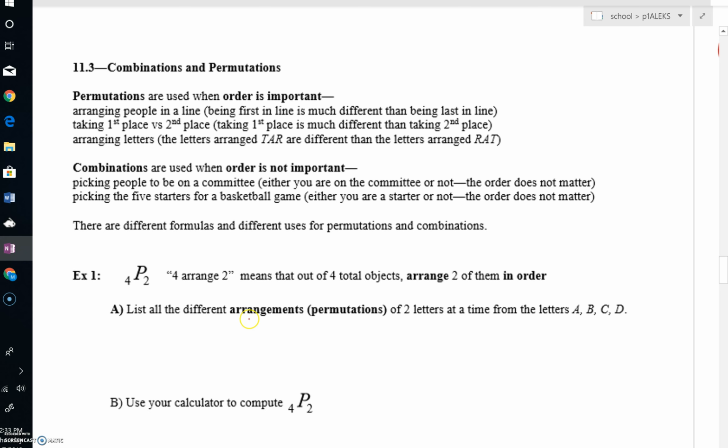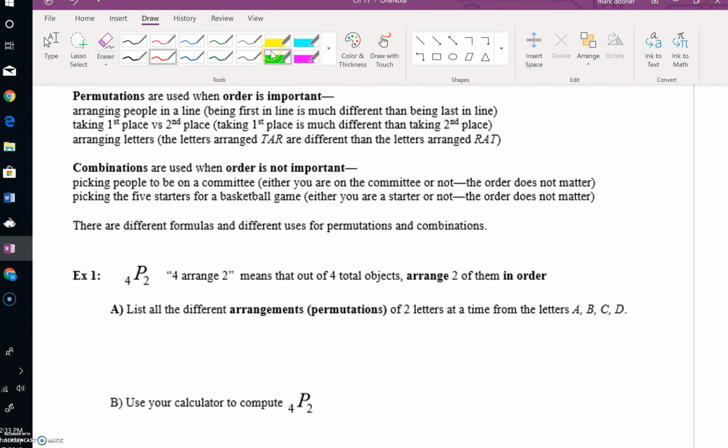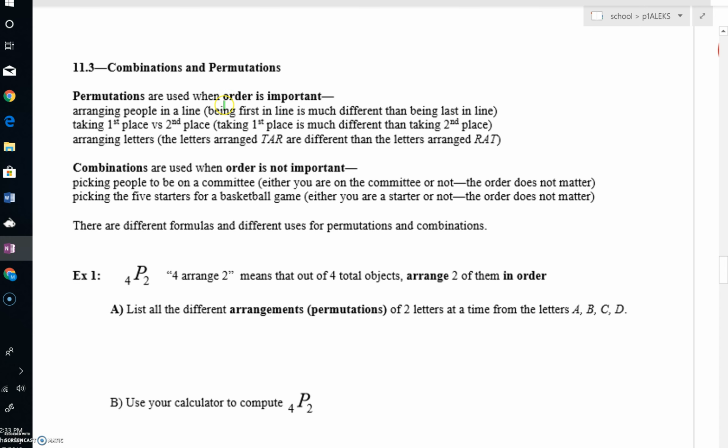Algebra 2, 11.3, we're looking at combinations and permutations, and we're counting the number of possible ways to accomplish a certain task. Permutations are used when order is important, when order is relevant, when order matters.